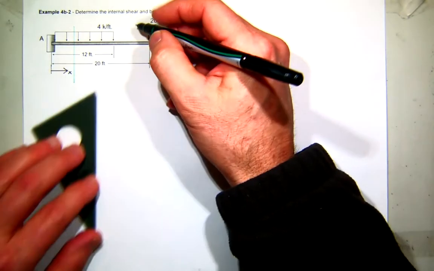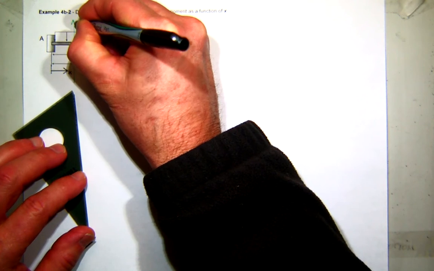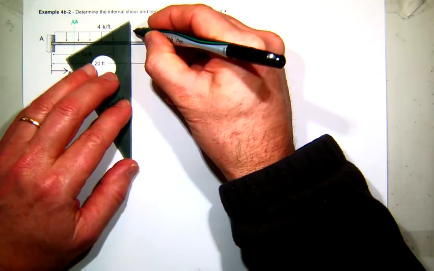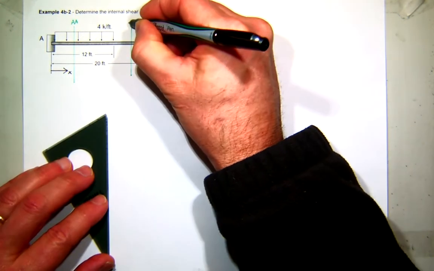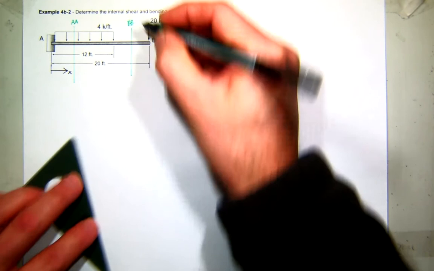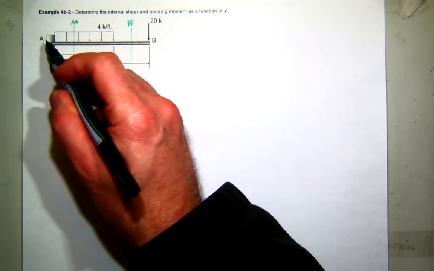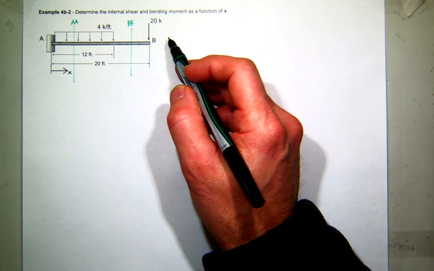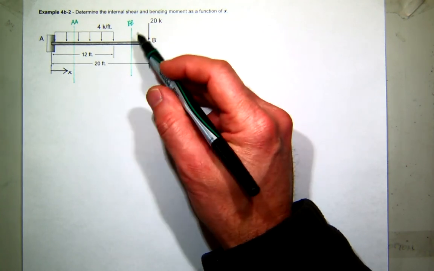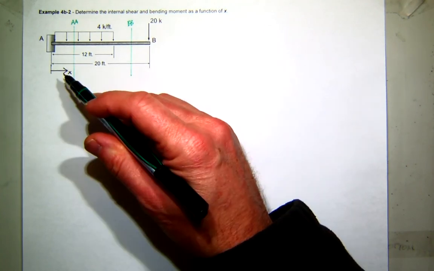And then you would make a second cut. I'll call that AA. I'll make another cut over here, I'll call BB. Now for this range from 12 to 20, you want to work the whole left side or the whole right side. I think in that scenario, you can see that the right side is going to be a little easier to deal with than the left side.